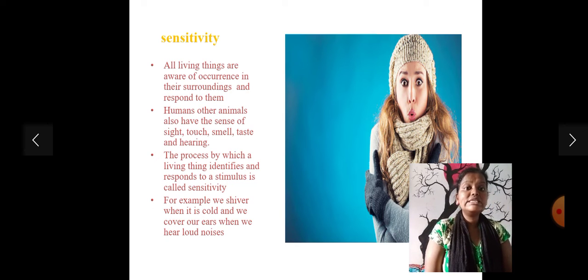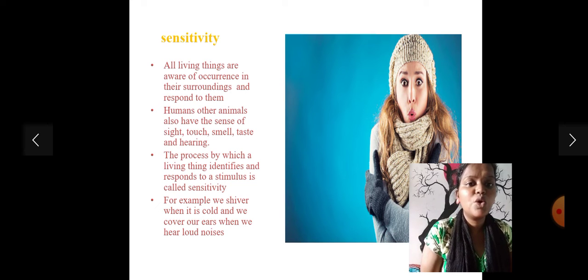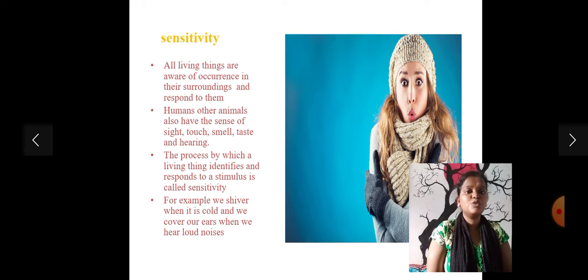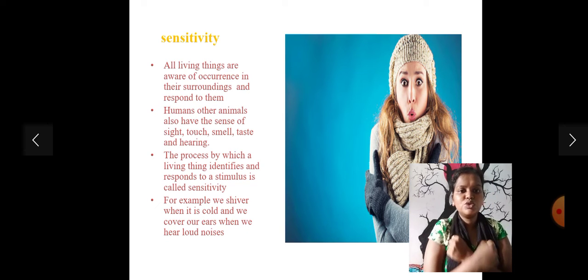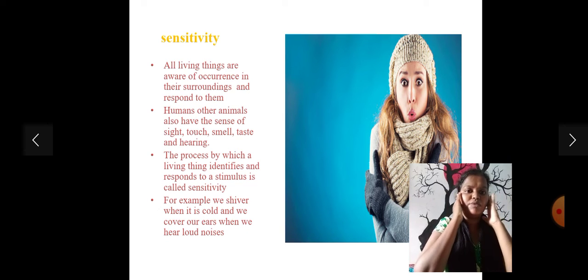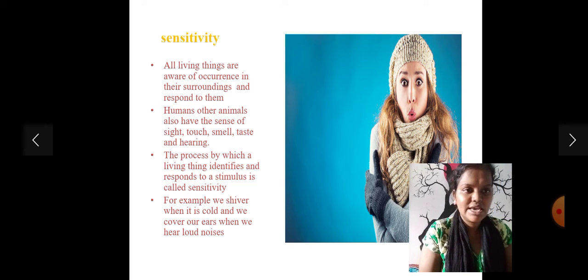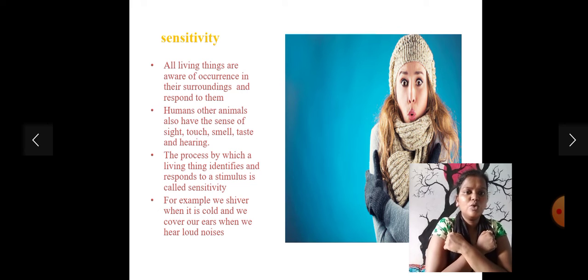That is called sensitivity. You're sensing something, that is called sensitivity. The process by which a living thing identifies and responds to a stimulus is called sensitivity. For example, we shiver in cold. We cover our ears when we hear loud noises. We cover ourselves with clothes when it is cold.